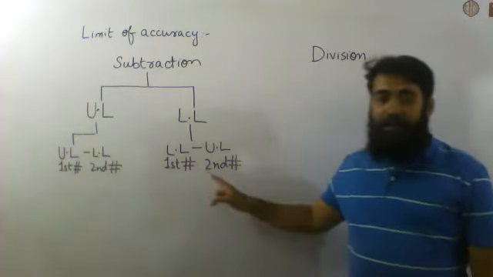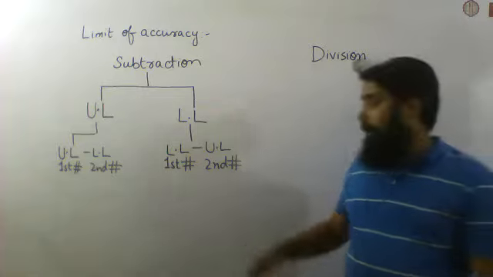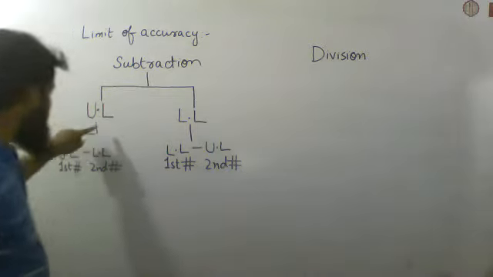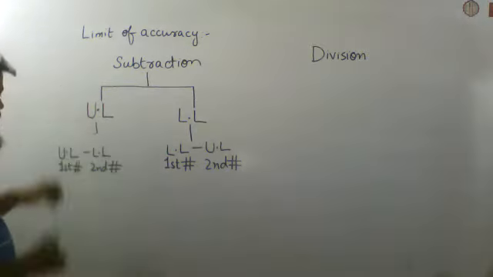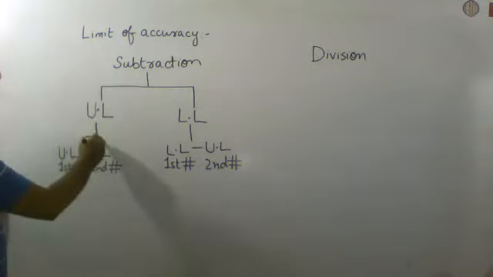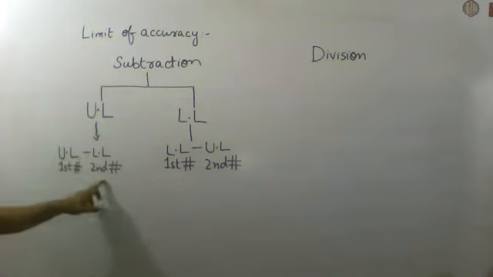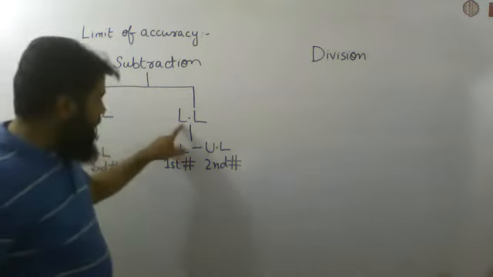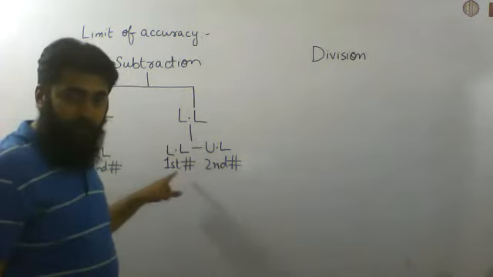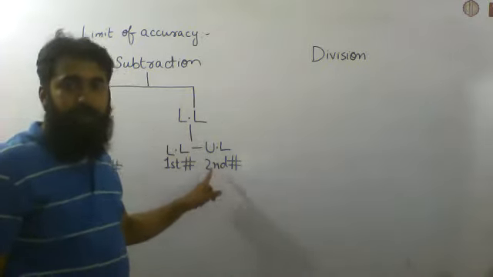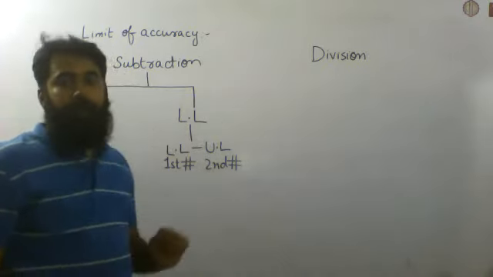In this way, it is going to work. For the upper limit of subtraction, it is the upper limit of first number minus lower limit of second number. And for the lower limit, it is the lower limit of first number minus upper limit of second number.